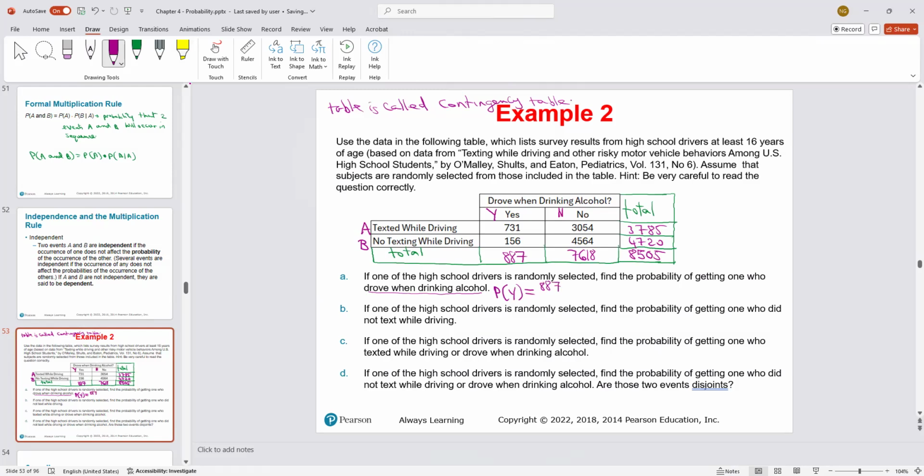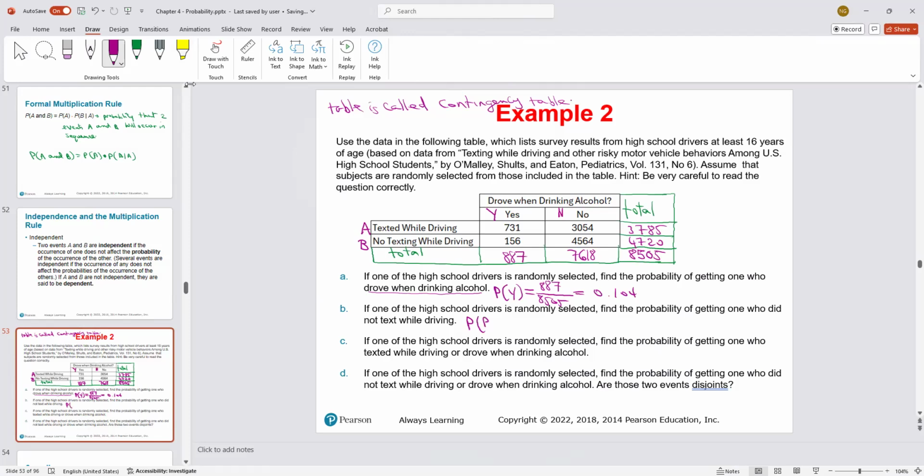887 over the big total, which is 8505. Now you can simplify into decimal. That gives you 0.104. Now, for B, find the probability of getting one who did not text while driving.